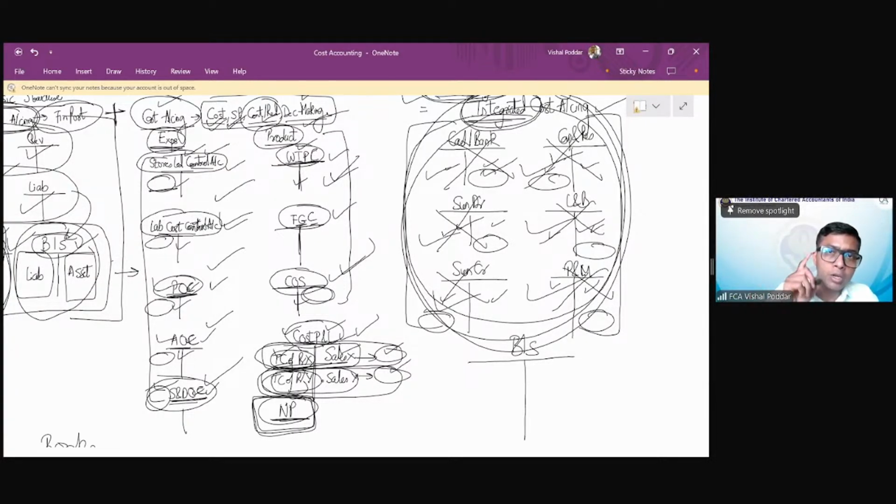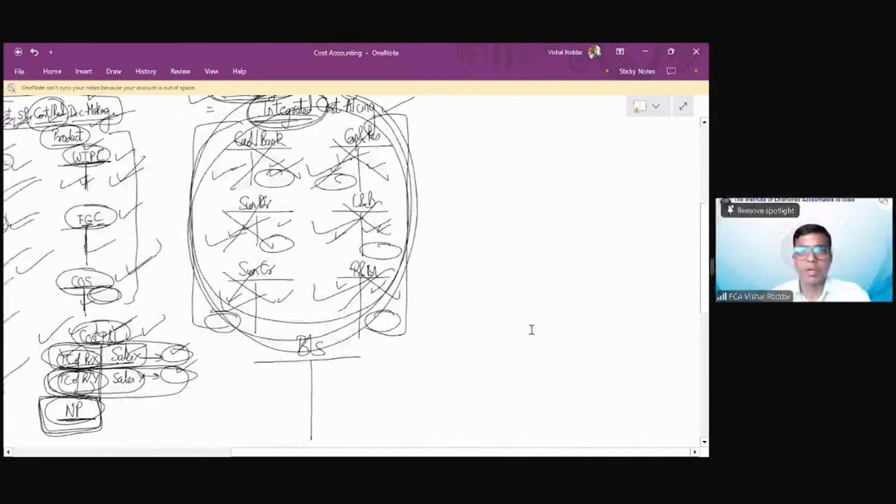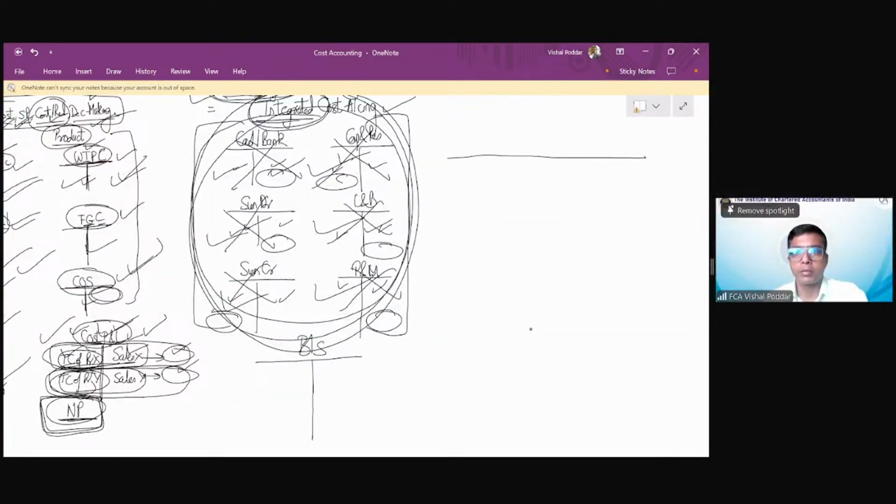But when you are preparing non-integrated, besides all these accounts, what you will prepare is one single account, which will be cash also, bank also, capital also, reserve also, land also, plant and machinery, building, debtors, creditors. I will prepare one single account representing all these assets and liabilities.